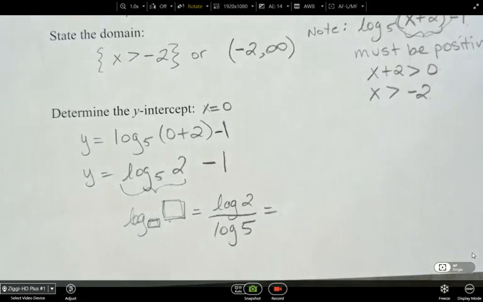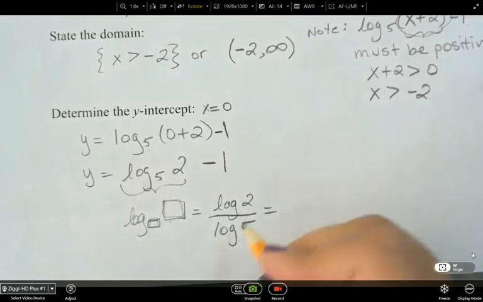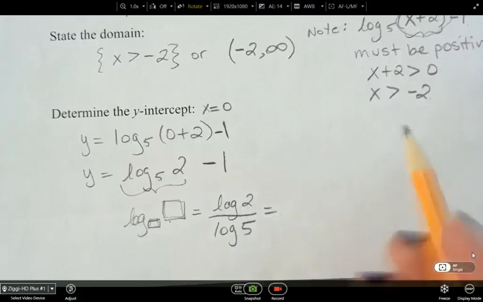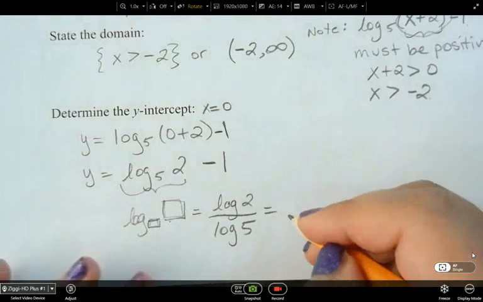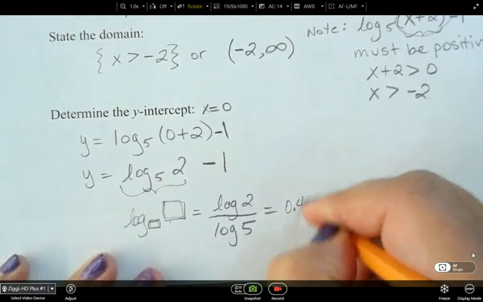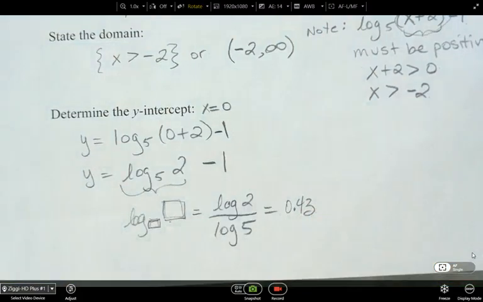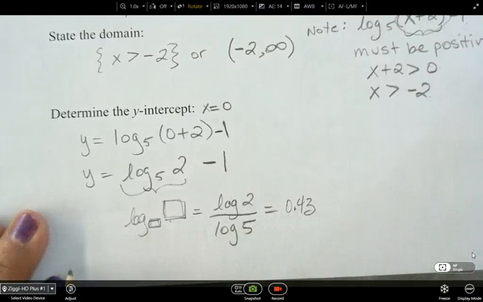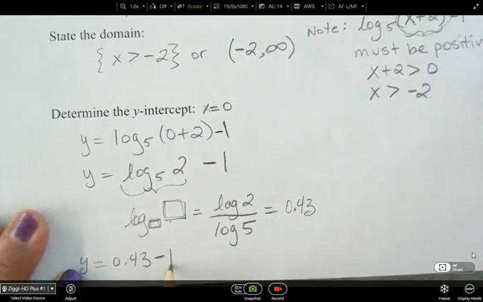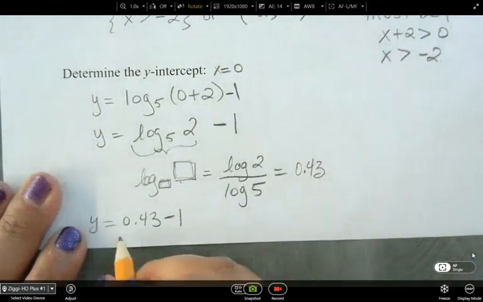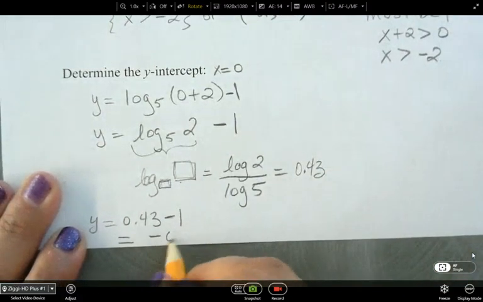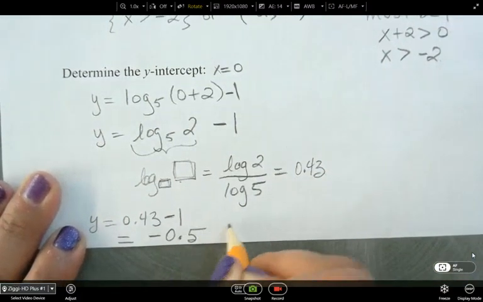It's basically the change of base theorem, and we'll get more into that in the next lesson, but that's how you would type it into your calculator, and you get approximately 0.43. So y equals 0.43 minus 1, and that equals negative 0.569.